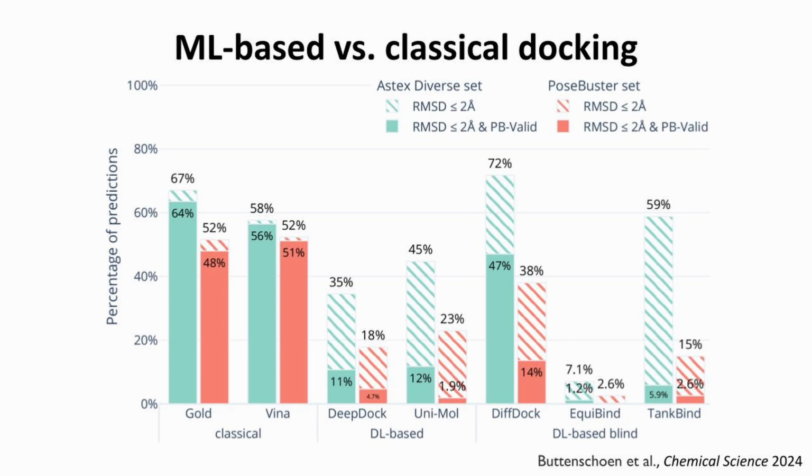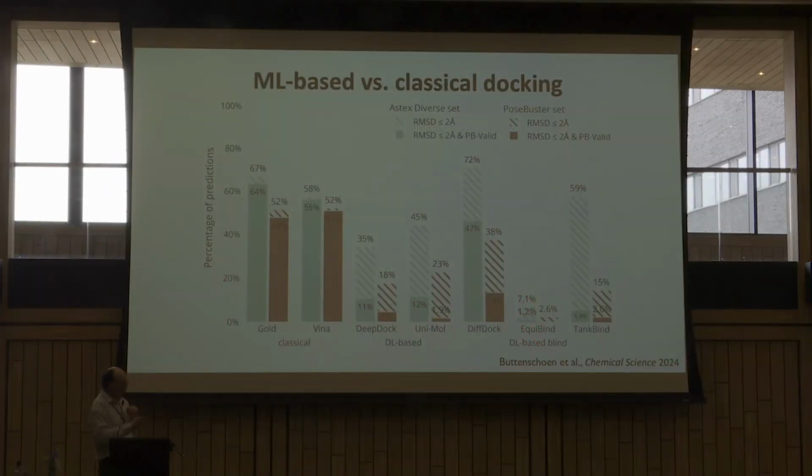So the solid region of the bar is the one that does account for chemical validity, and the one that's crossed does not. What you see is that with conventional physics-based approaches like Gold and Vina, they do reasonably well. There's not much of a delta between what's chemically valid and what's not.